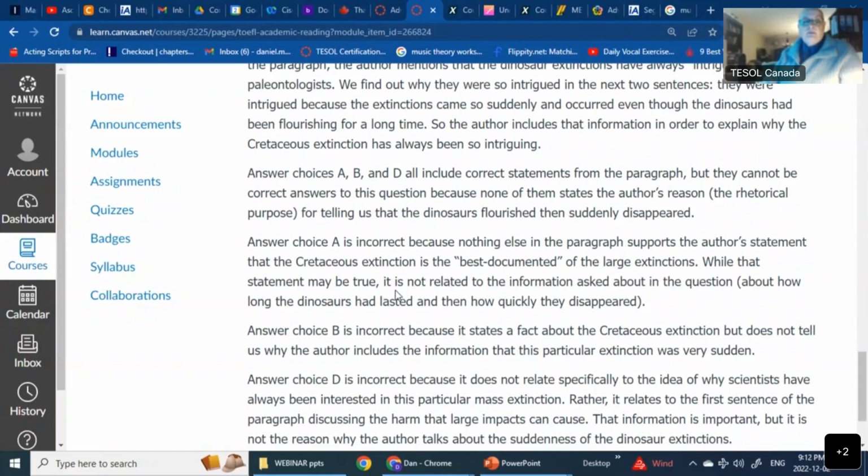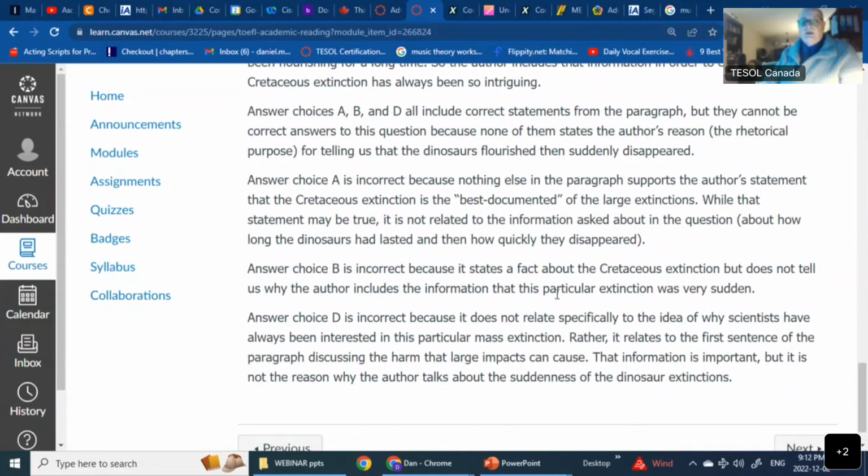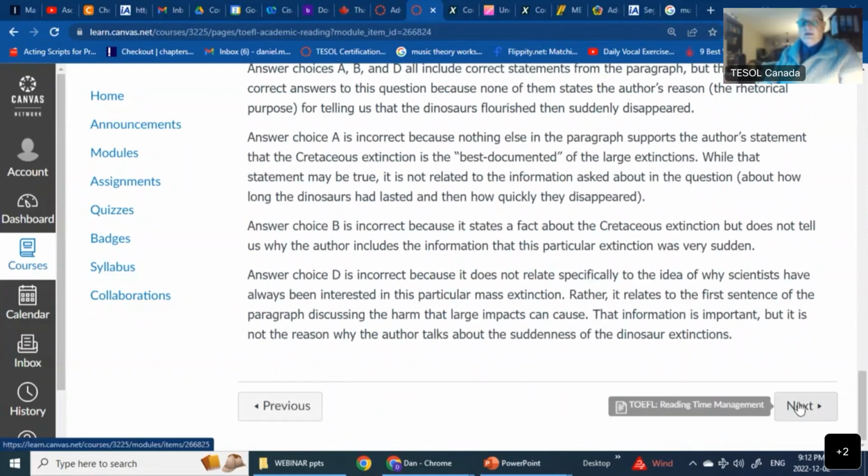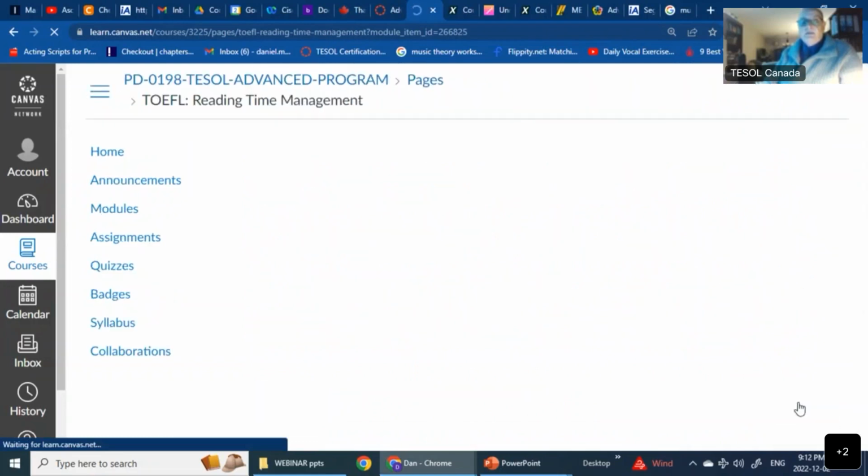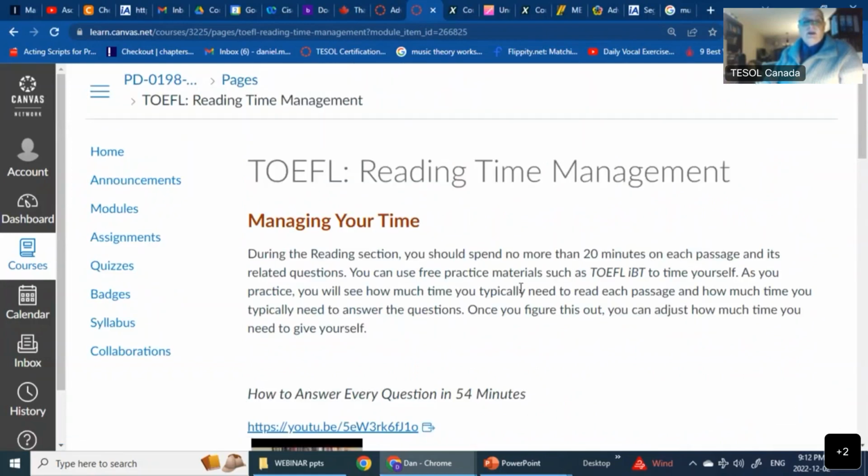While that statement may be true, it is not related to the information asked about in the question, about how long the dinosaurs had lasted and then how quickly they disappeared. Answer choice B is incorrect because it states a fact about the Cretaceous extinction, but does not tell us why the author includes the information that this particular extinction was very, very sudden. So you can listen to the little video and then you can read that section as well yourself.